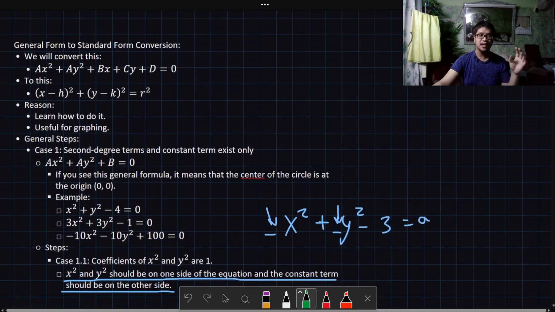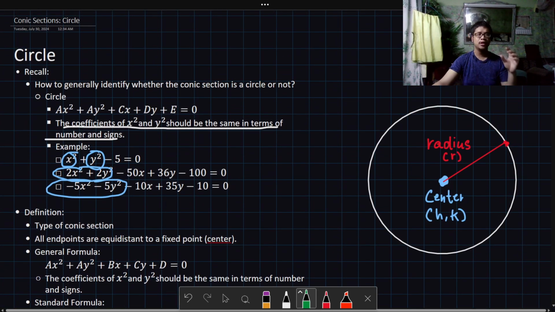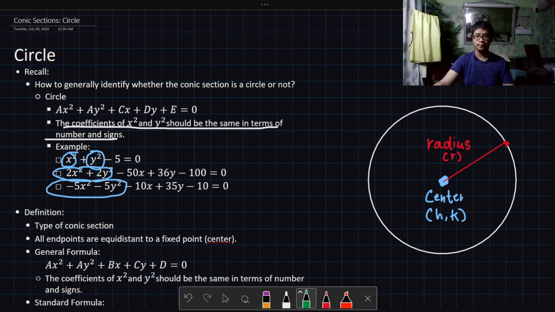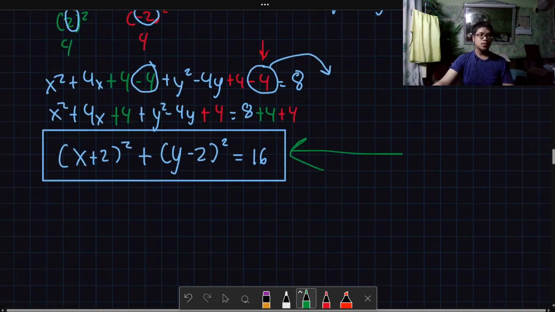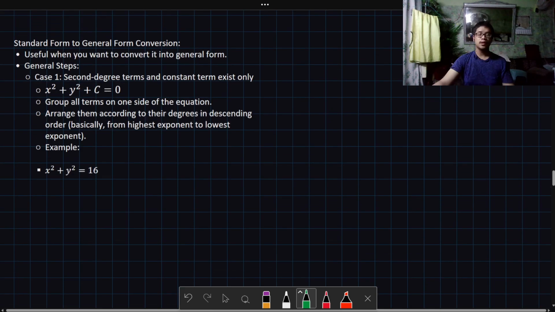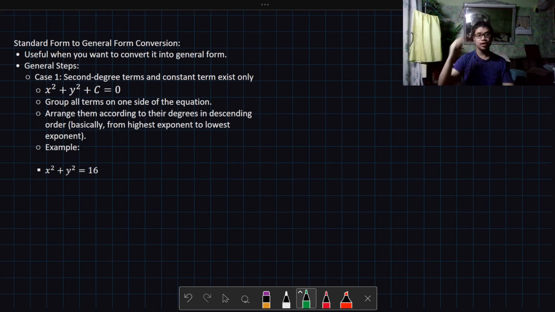And of course, we have some information about the concept of circle. Now, what we're going to do today is continue, and by continuation, we're going to discuss converting a standard form to general form, right? We know how to convert general to standard.